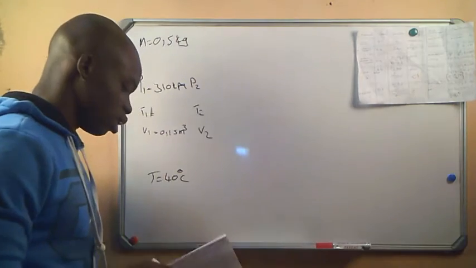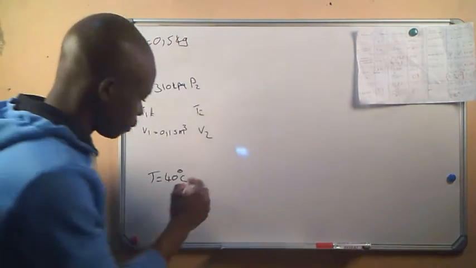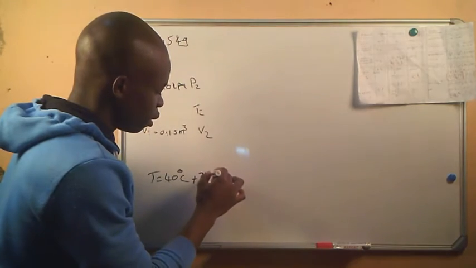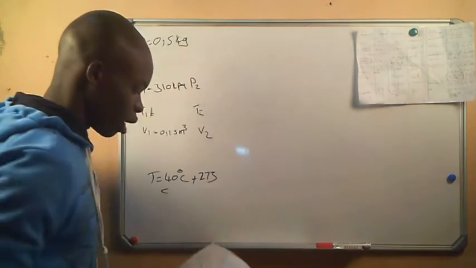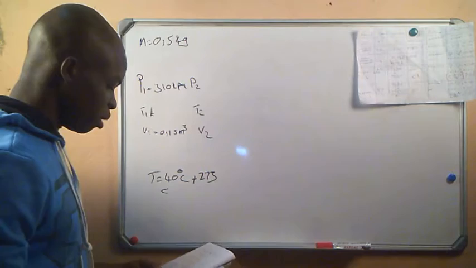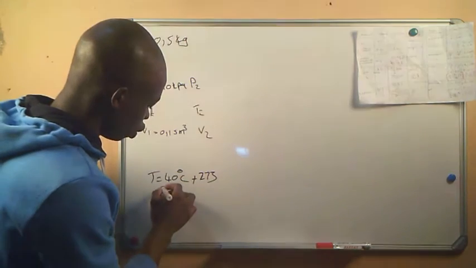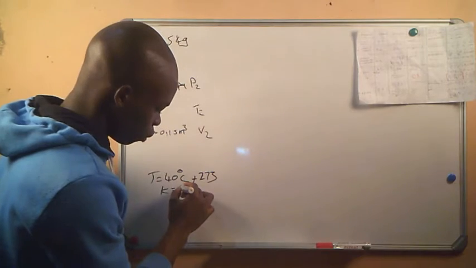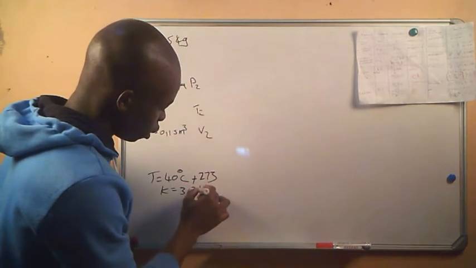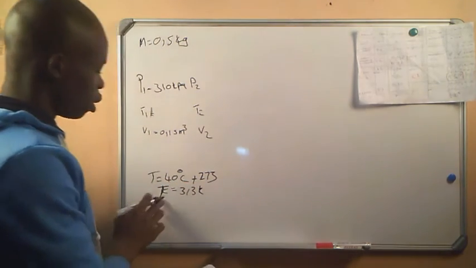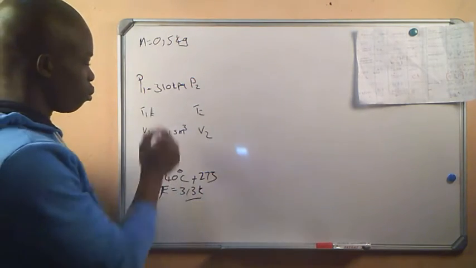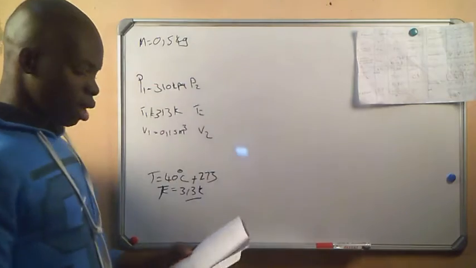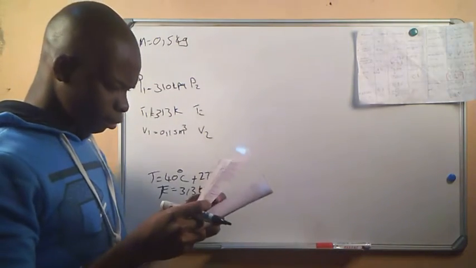When you convert it into Kelvin, we just add 273, and then we get our answer, which is 313 Kelvin. That's our temperature. Then we take this value and put it here, 313 Kelvin, and then we continue.